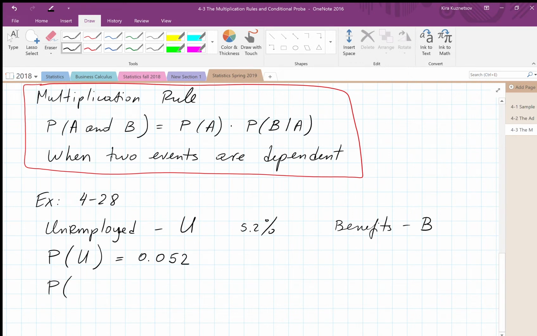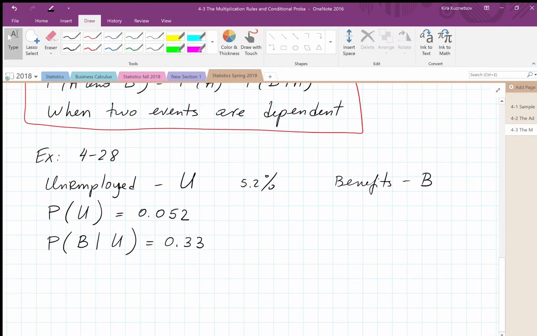So the probability that was given to me is the probability of receiving unemployment benefits given that this person is unemployed. So this would be the correct notation. If you write down the notation correctly, the formulas will aid you the most.